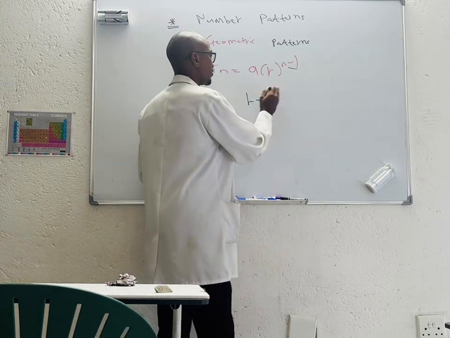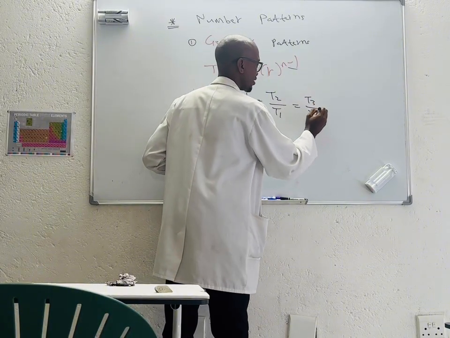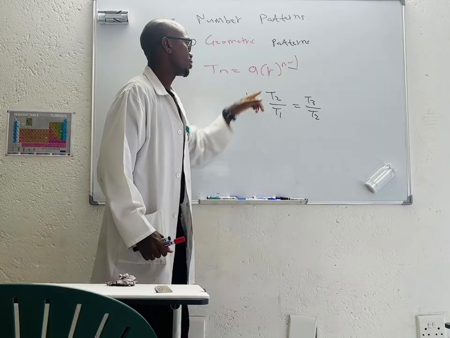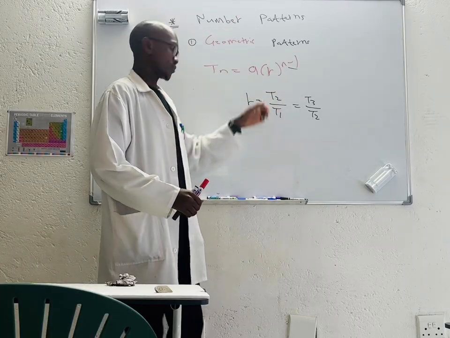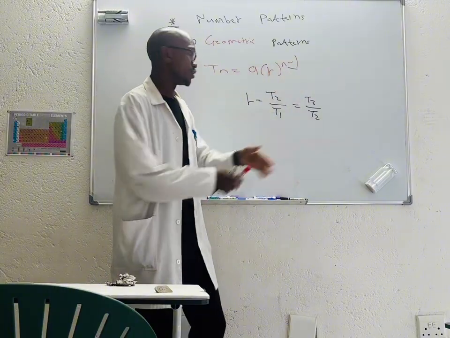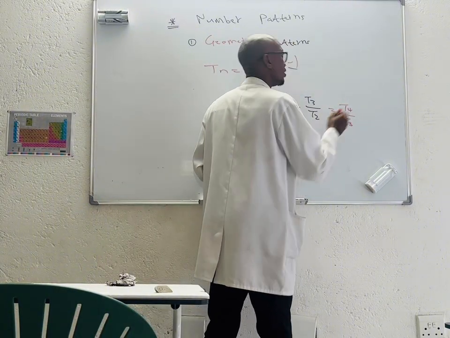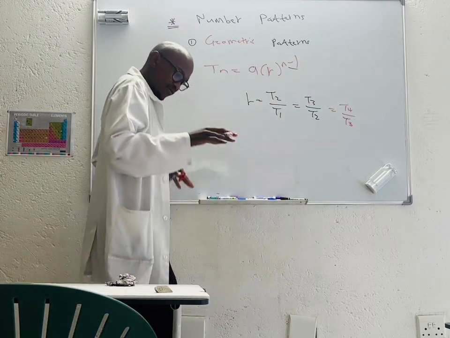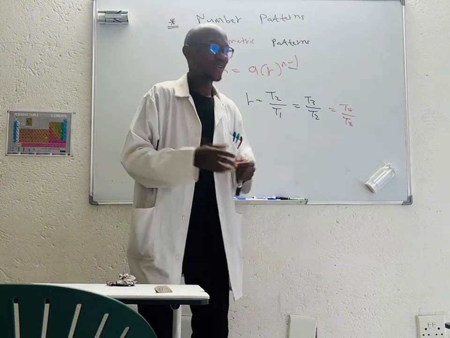So the formula is given as term 2 divided by term 1 equals to term 3 divided by term 2. If you're looking for the common ratio or the constant ratio, which is this R, you need to divide the second term. You can continue to say term 4 over term 3, term 5 over term 4, term 6 over term 5. Just like that, you get it? That's your math, man.